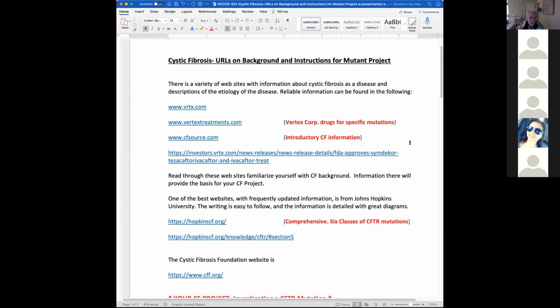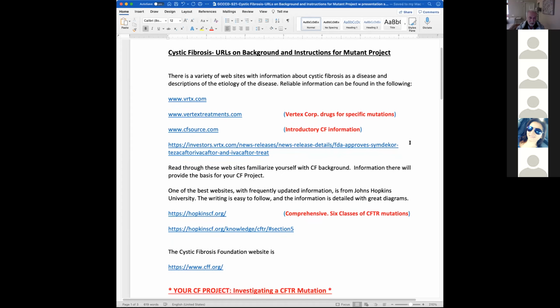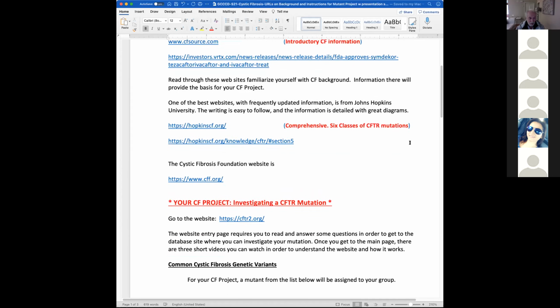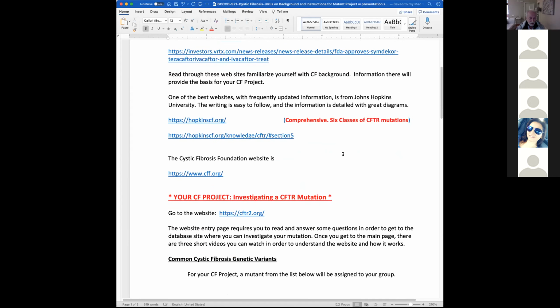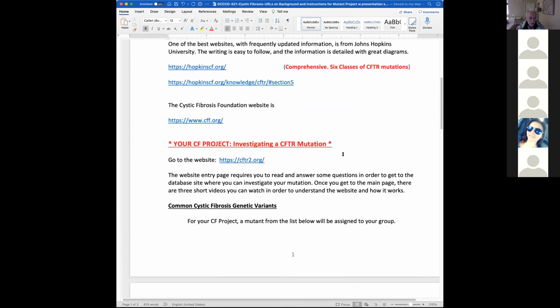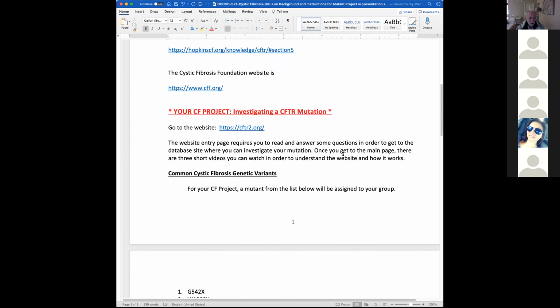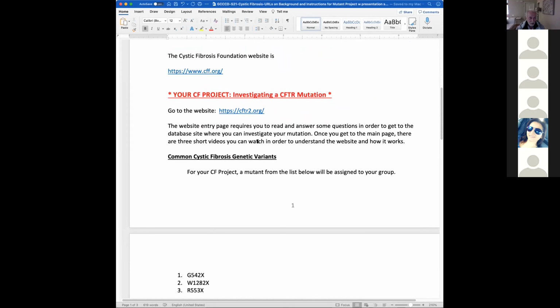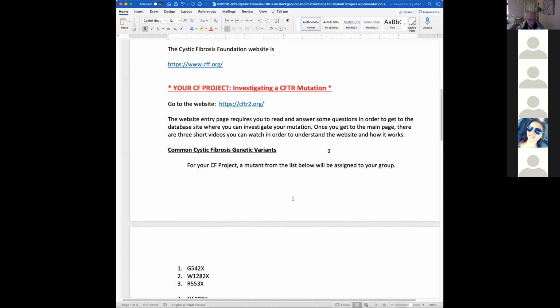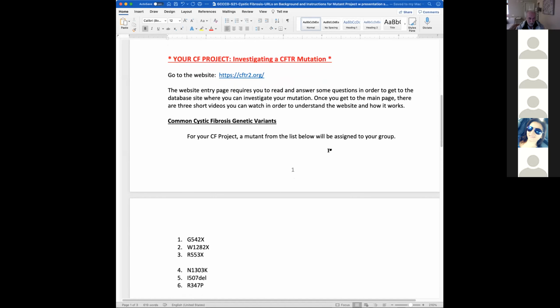It's very likely that if there is a treatment, Vertex has it. Johns Hopkins has a couple of very good websites. And after you review all that background, you'll go to this website in order to do your project. The website is self-explanatory. It'll tell you what to do and when.